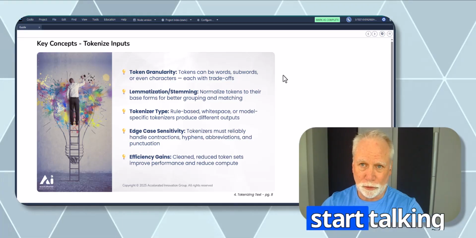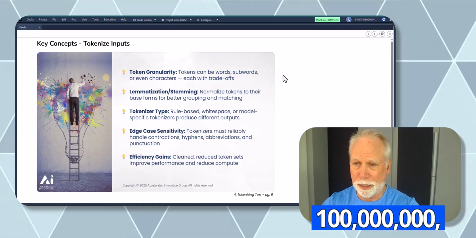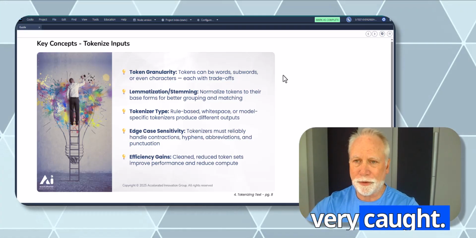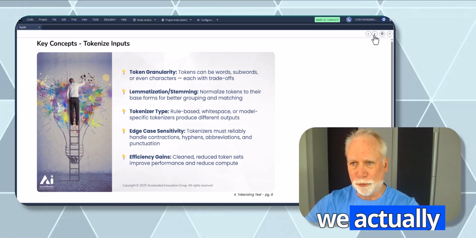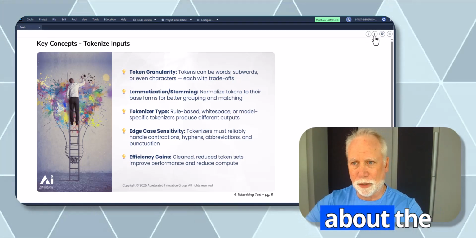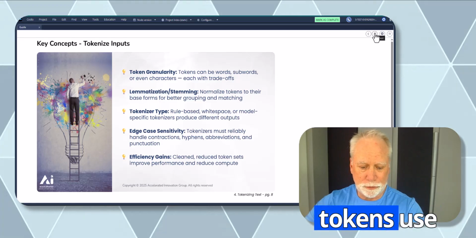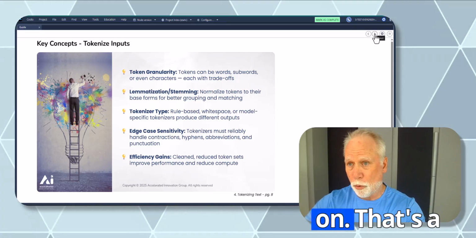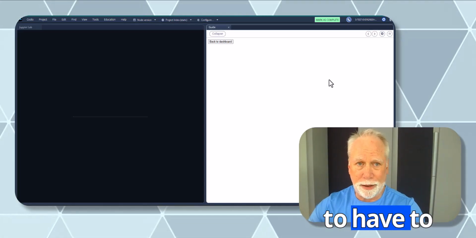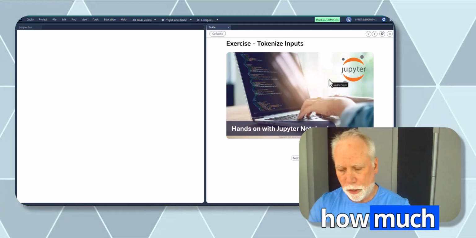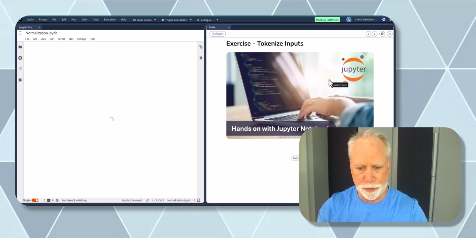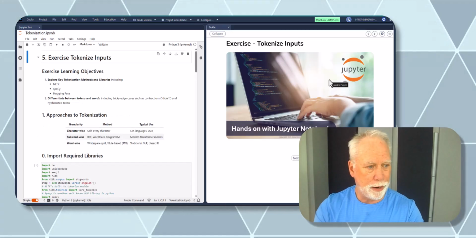The second we start talking about 100,000, 1,000 an hour, that can get very costly for our organization. In one of our courses, we go through how you can analyze the tokens used and report on it, because that's a good metric to have to figure out what's going on in your system and how much money you're spending, and whether there are ways to cut that down.